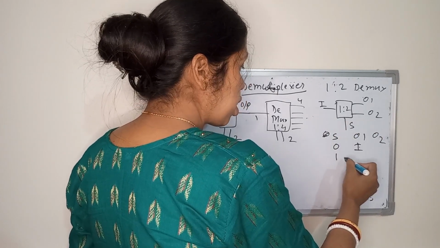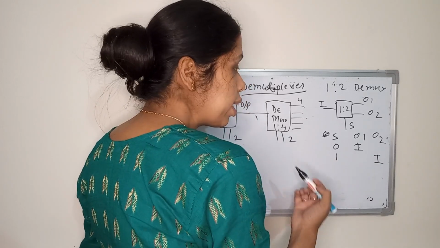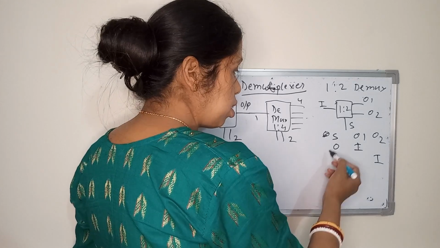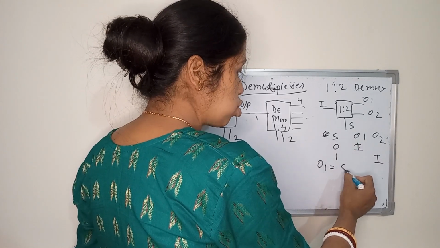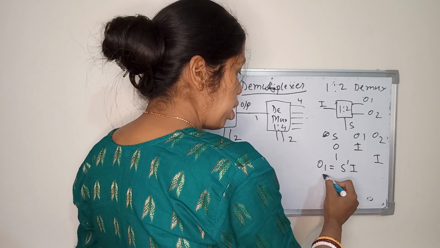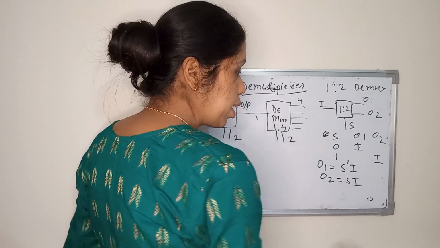When the select line is 1, I get I at output 2. So if you want to write the expression, O1 is equal to S prime I and O2 is equal to S into I, this way.